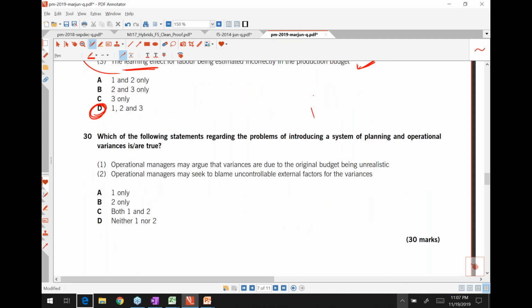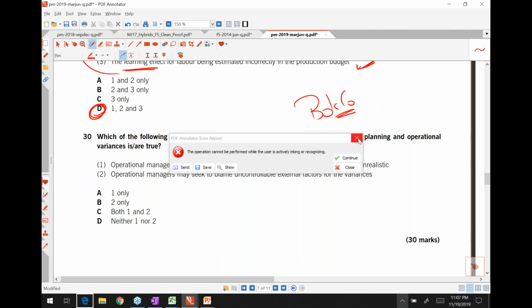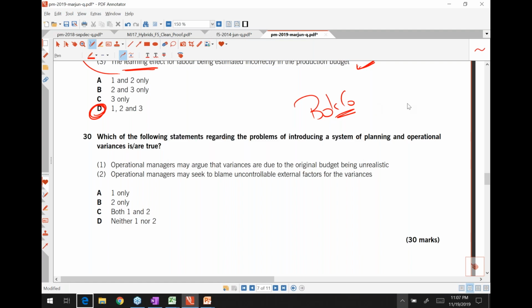Now there's a very good question. I will share this on WhatsApp. This question is learning curve with planning and operational.